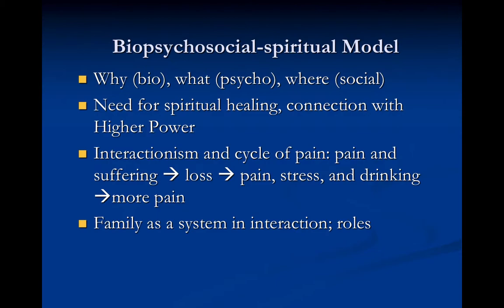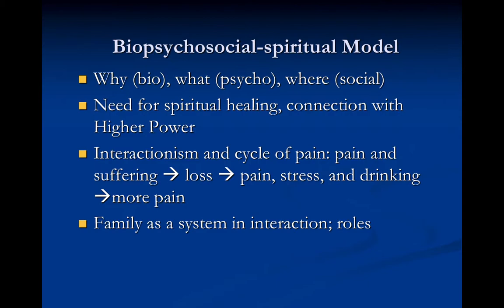Okay. Now, one of the questions about addiction is, is it a chicken or an egg type thing? Am I depressed because I drink, or do I drink because I'm depressed? And where does that cycle start? So it's very much a cycle, and it's not something that's linear. And when we look at the stages of change and motivation, we'll look at where somebody can come in and out of motivation.